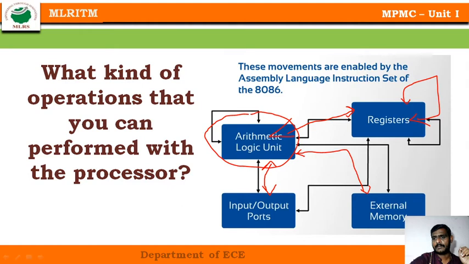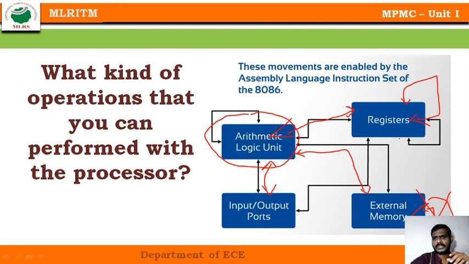But there is one more doubt you may get: is it possible to transmit the data from memory to memory? No, this transmission is not possible. In the microprocessor, it is not possible to transfer data from one memory location to another memory location. We need to take support.